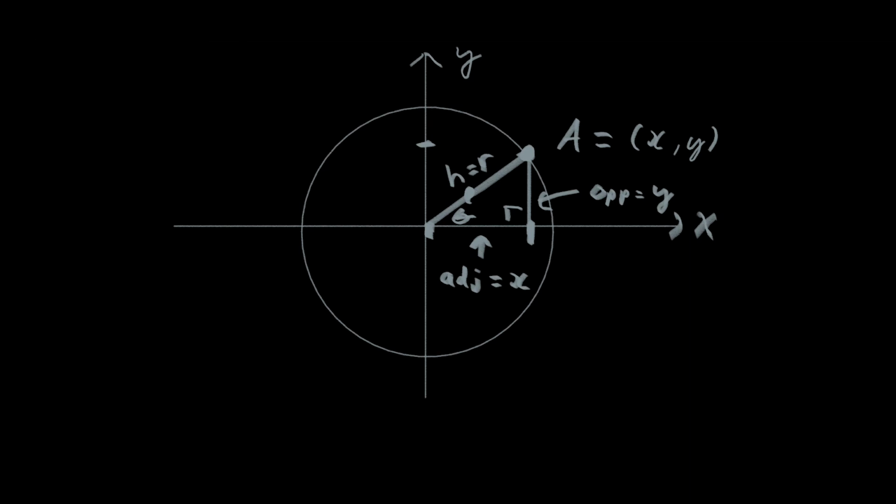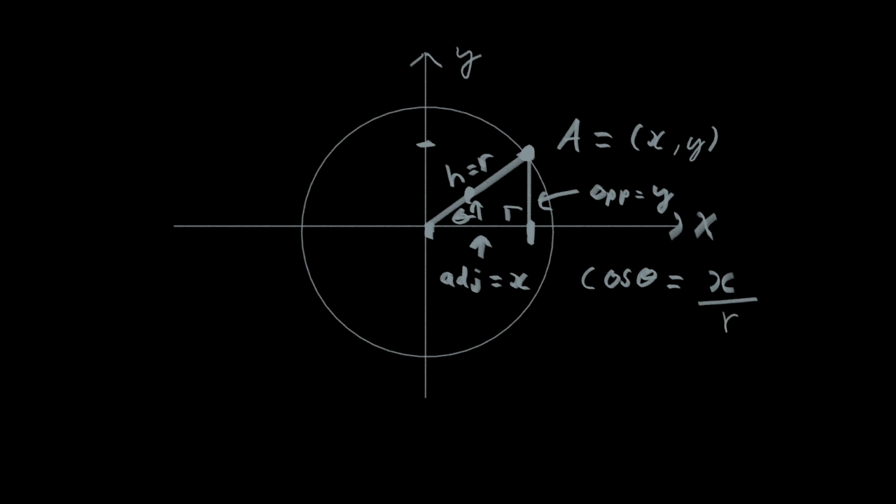Notice now that the cosine of theta is going to equal adjacent over hypotenuse, because that's the right angle triangle definition. But that's not going to be x because we're not dealing with a unit circle anymore. Adjacent is going to be x over the hypotenuse, which we can treat as r, the radius of some circle.